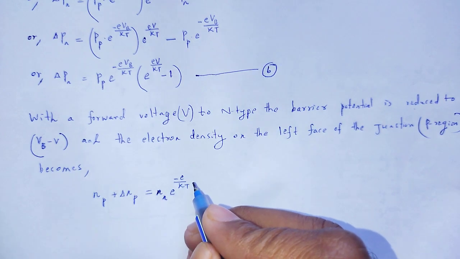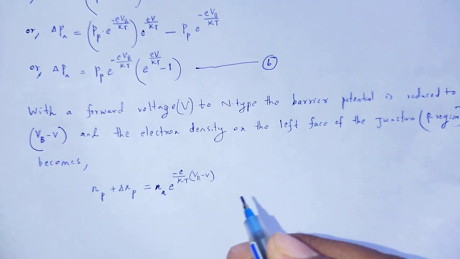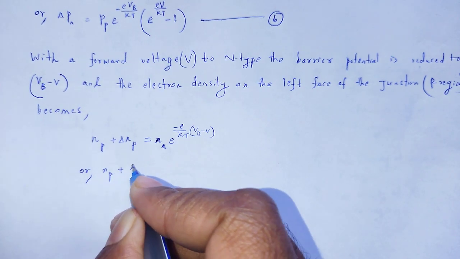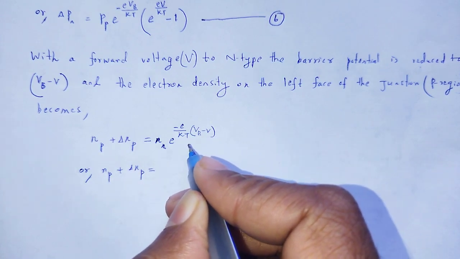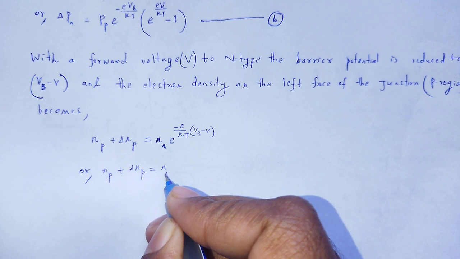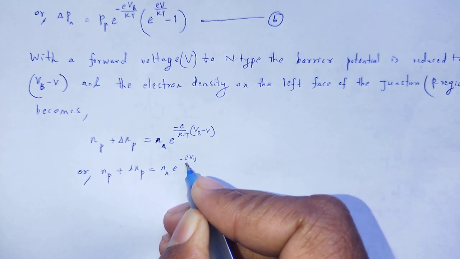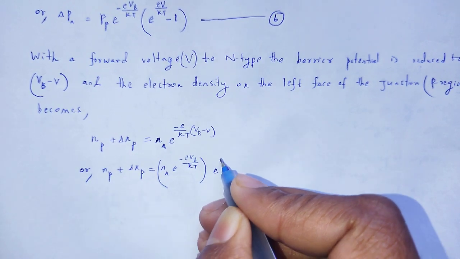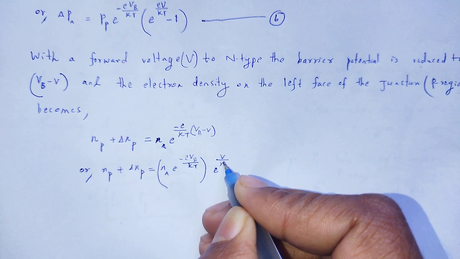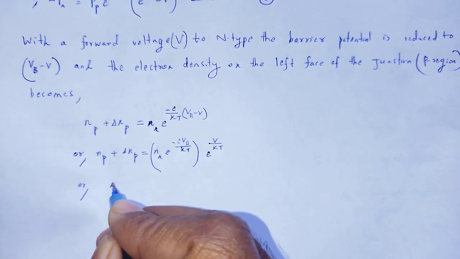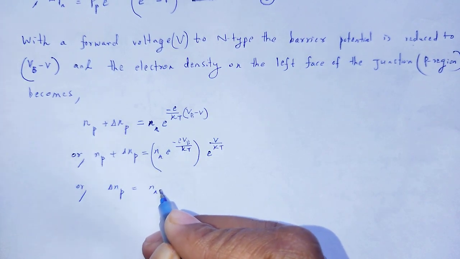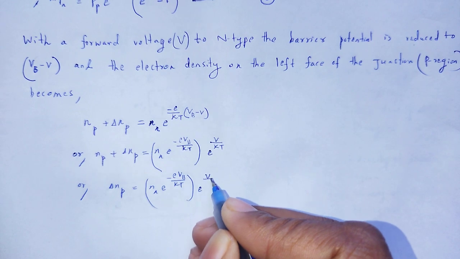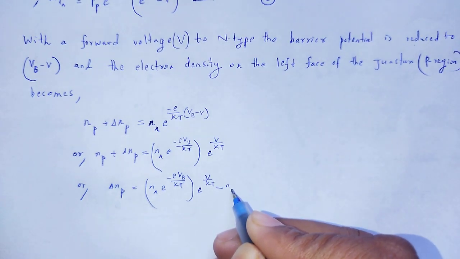Here the potential is reduced to Vb minus V, or Np plus del Np can be expanded as Nn e to the power minus EVB by Kt into e to the power EV by Kt, or del Np is equal to Nn e to the power minus EVB by Kt e to the power EV by Kt minus Np.